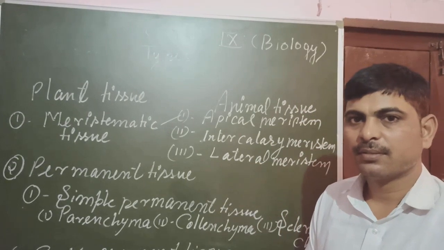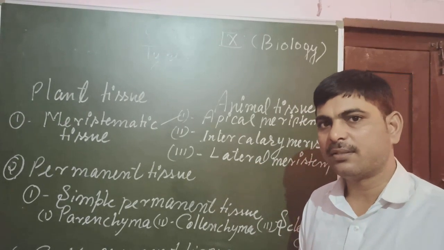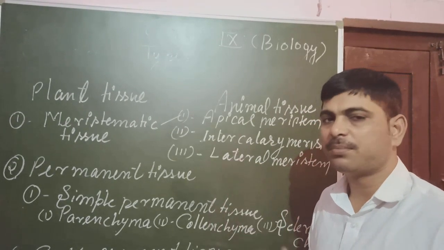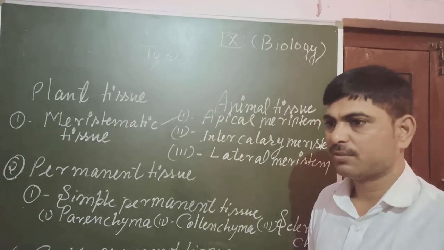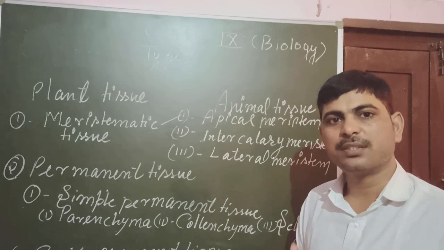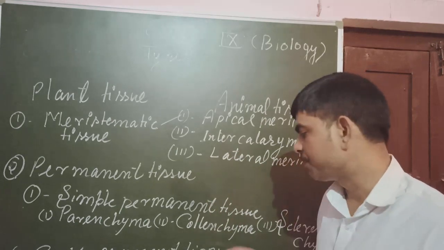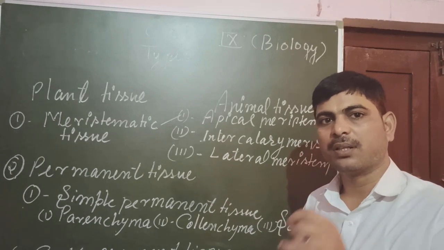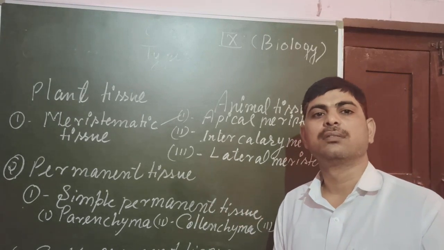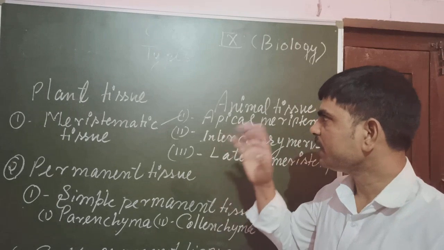Okay, as I said in the beginning, the definition of tissue: a group of similar or dissimilar type of cells. Xylem has dissimilar type of cells, phloem has dissimilar type of cells. That's why they also come under the definition of tissue.